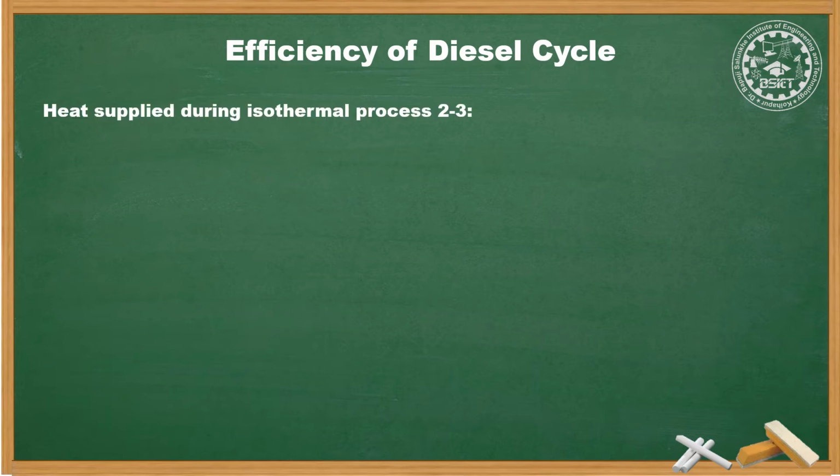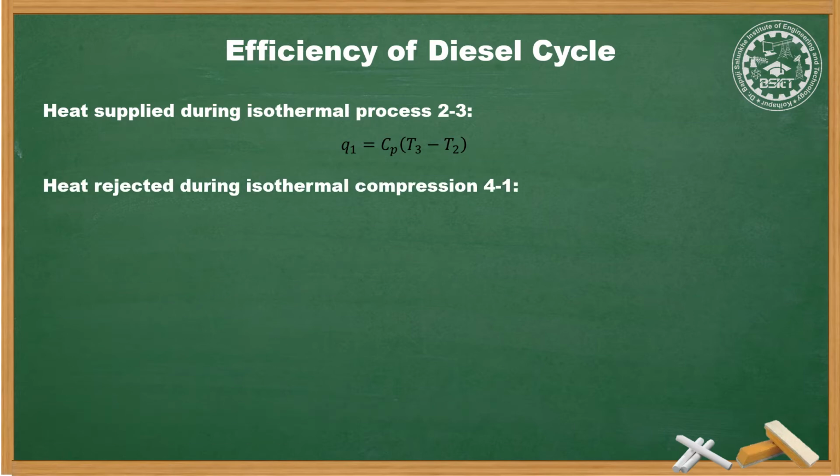First, the heat supplied during process 2-3. The heat is supplied at constant pressure. Therefore, the heat supplied is given by Q1 equals Cp into (T3 minus T2), where Cp is known as the specific heat at constant pressure.